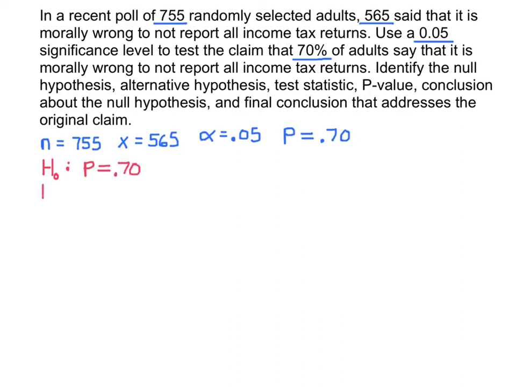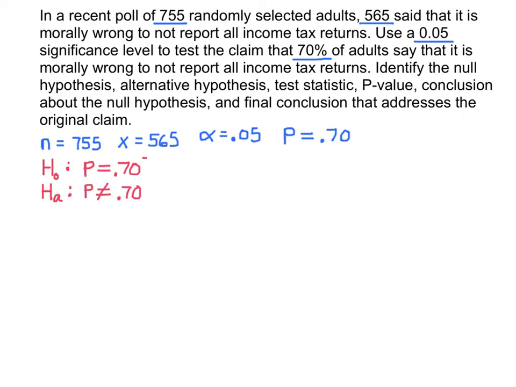Therefore, our alternative hypothesis, which is H1 or HA, I like to write HA, is the opposite. If p equal to 0.7 is the null hypothesis, the opposite of that would be p is not equal to 0.70, 70%.